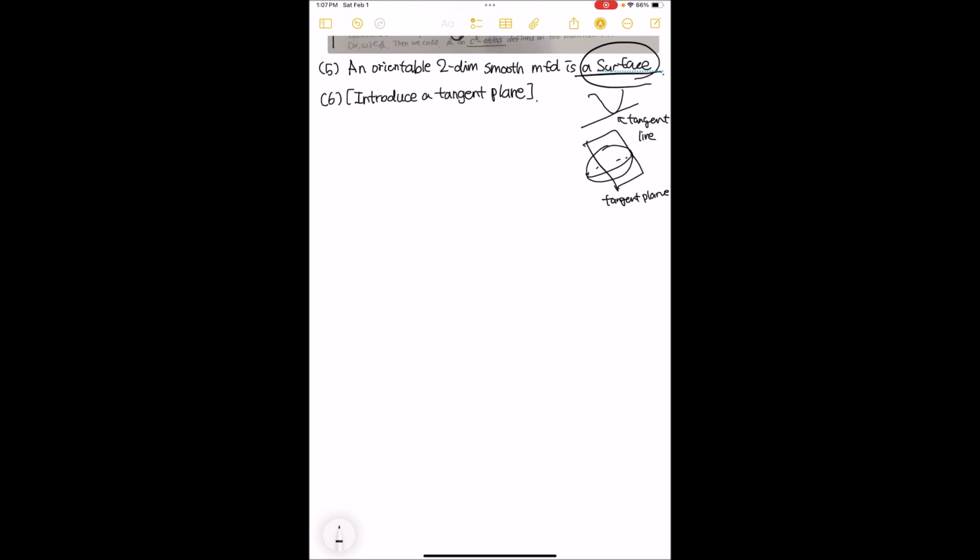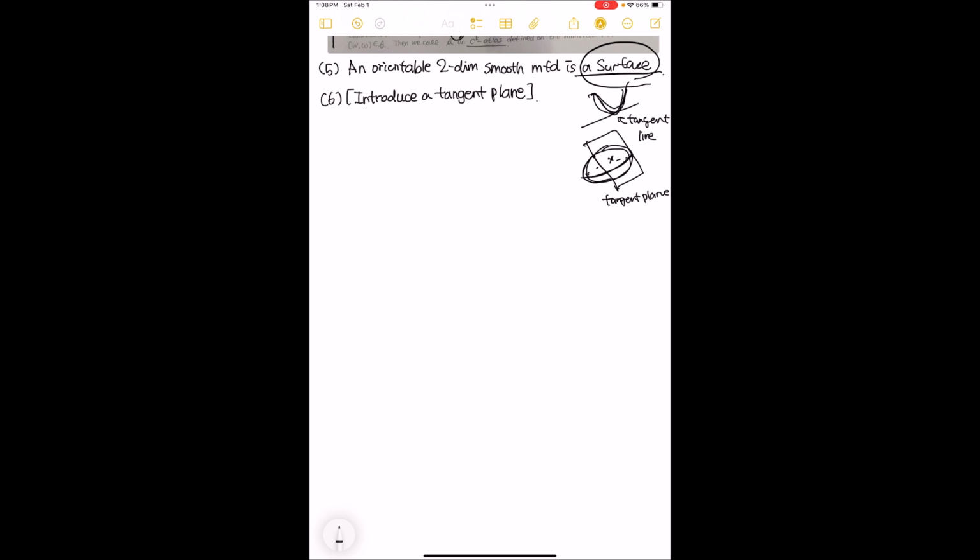So, like a trigonometric function or elliptical surfaces, a paraboloid, or a torus and sphere, we can think about a tangent plane.